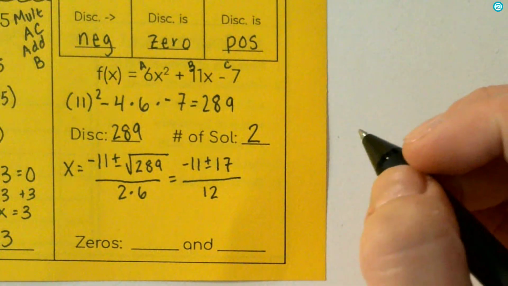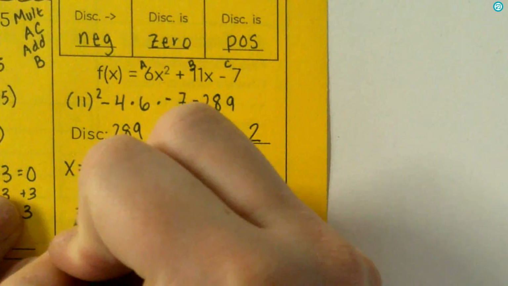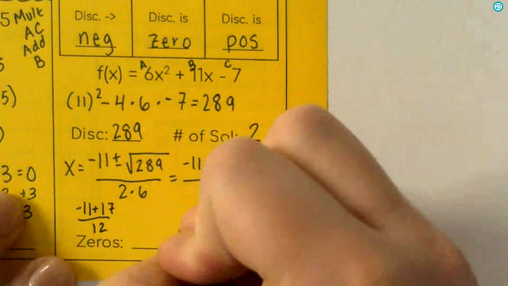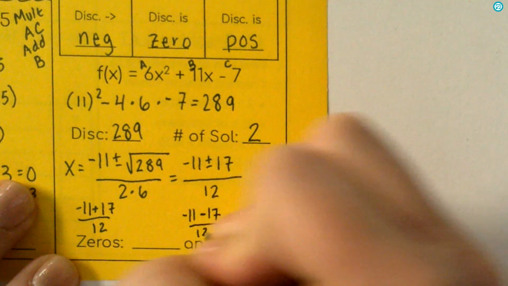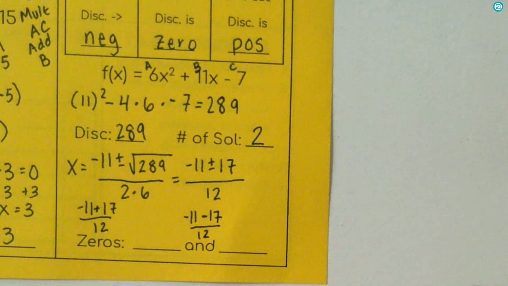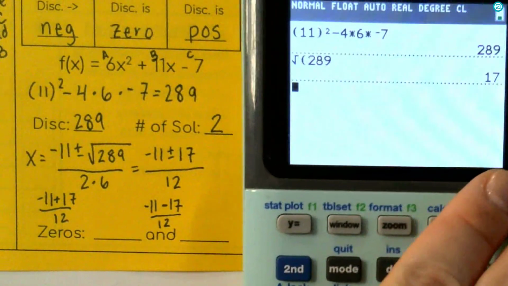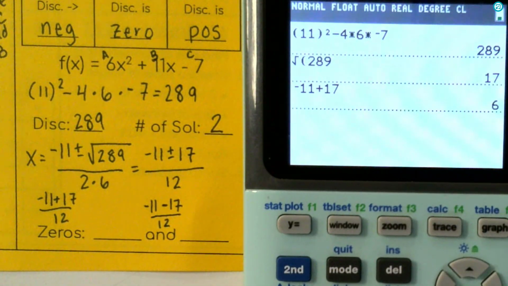Okay. So then we will split this and we will solve our two different fractions. So we've got -11 plus 17 over 12 that we will simplify out. We have -11 minus 17 over 12 that we will simplify out. Okay, -11 plus 17 is 6.